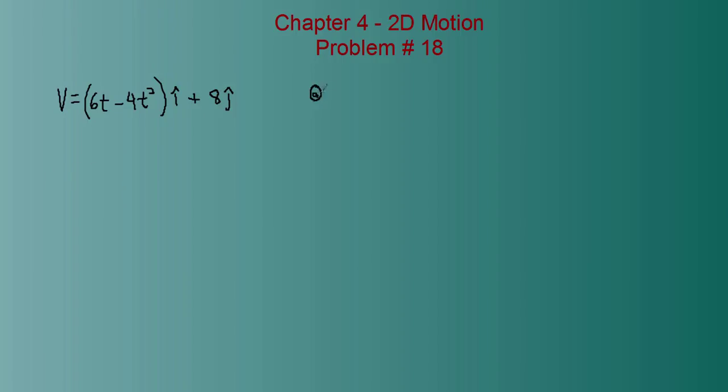what's the acceleration? Well, we've learned already back in chapter 2 that acceleration is the derivative of velocity. So we just have to take the derivative of this with respect to t. This is t to the 1 power, so you multiply by 1, it becomes t to the 0, so this is really just 6 minus, bring the 2 down, 8t, and this is in the i, or the x direction. The derivative of a constant, nicely enough, is 0.